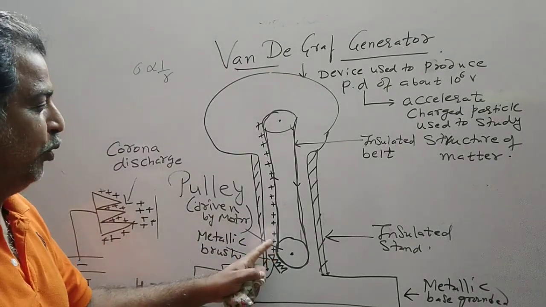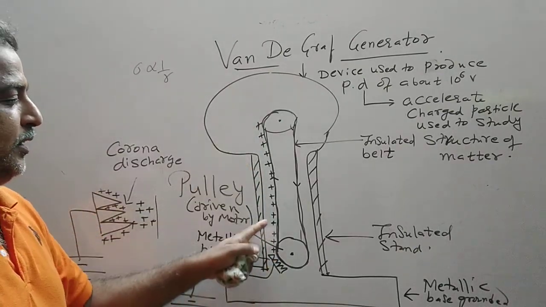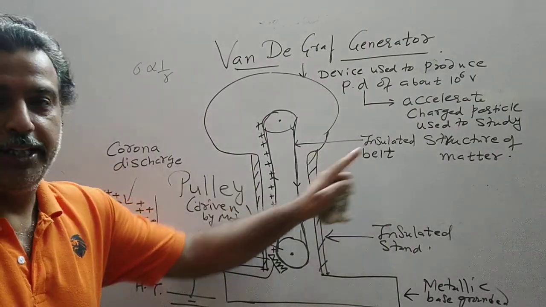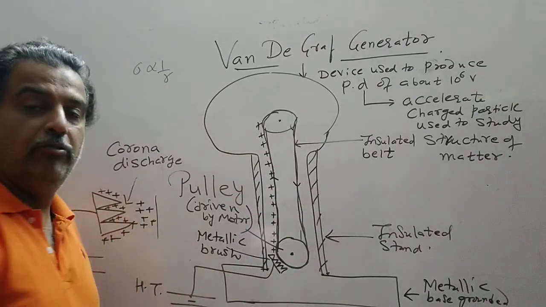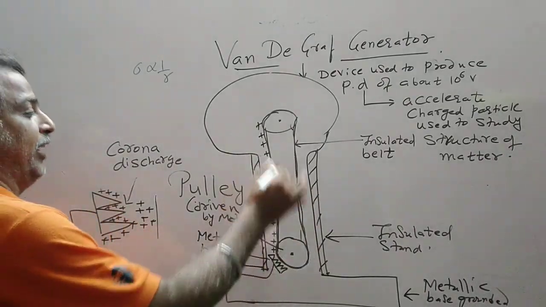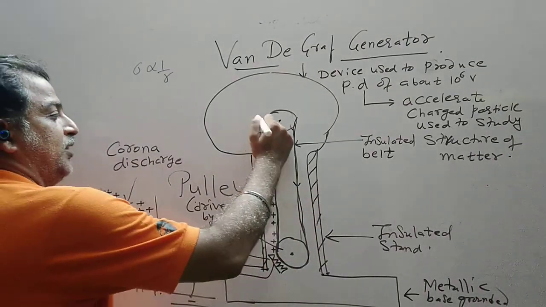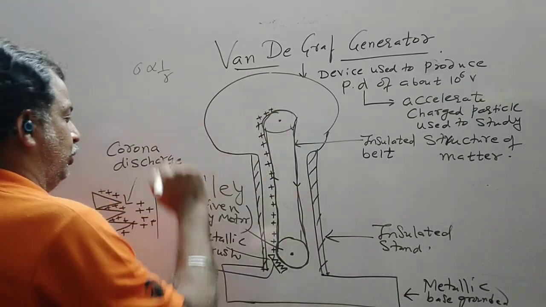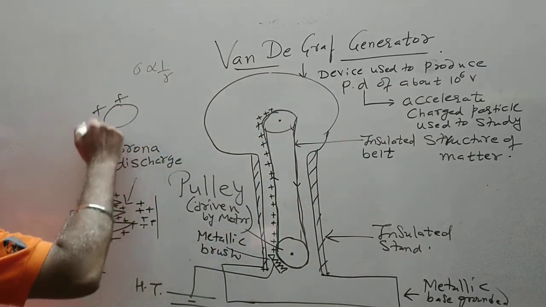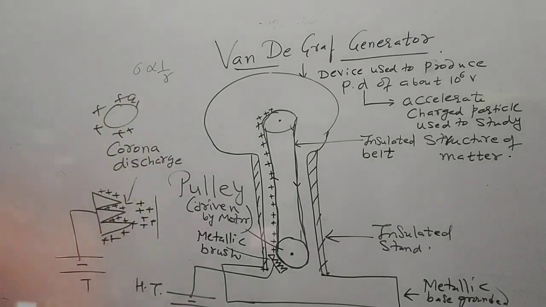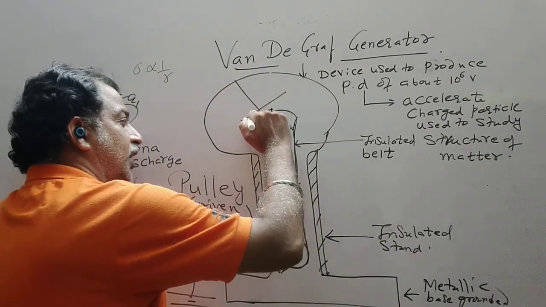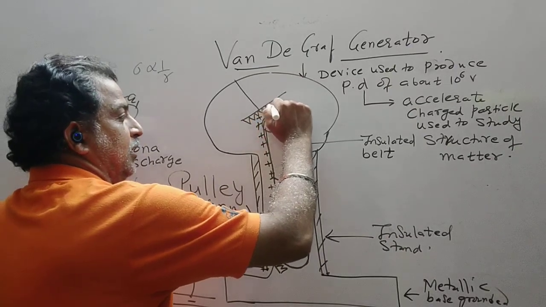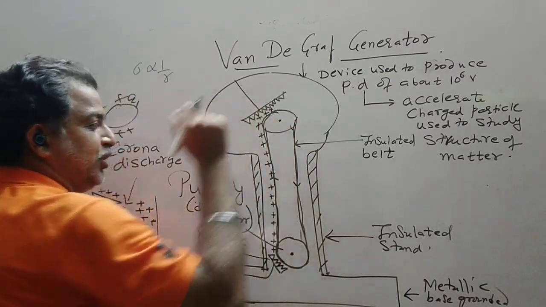These charges are moving up because they are on an insulated belt. If there is air, ionization will take place, so we have a vacuum there. Now when this charge reaches this value, it is like the inner sphere has a charge Q1. Again one metallic comb is connected here, and this distance is kept very small.